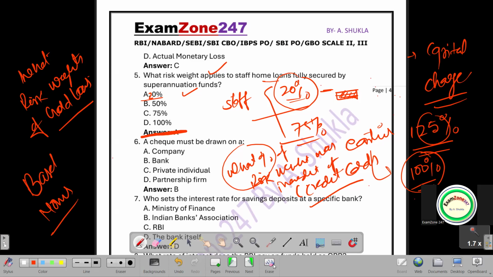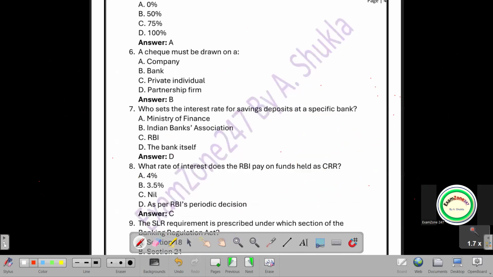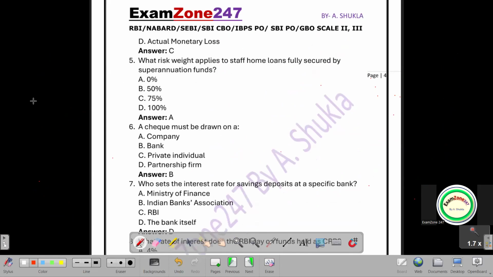See, now what is the LTV ratio in gold loans? What is the permitted LTV ratio in gold loans? Those who have joined this group from the regular batch or PDF batch, do correct your answers while we are discussing, because this paper was being asked a number of times.